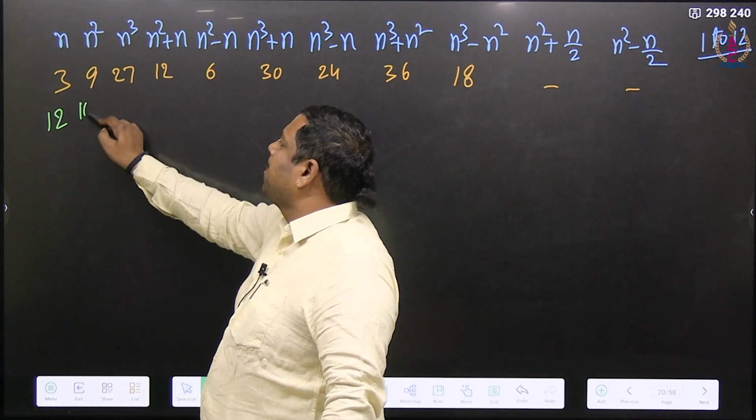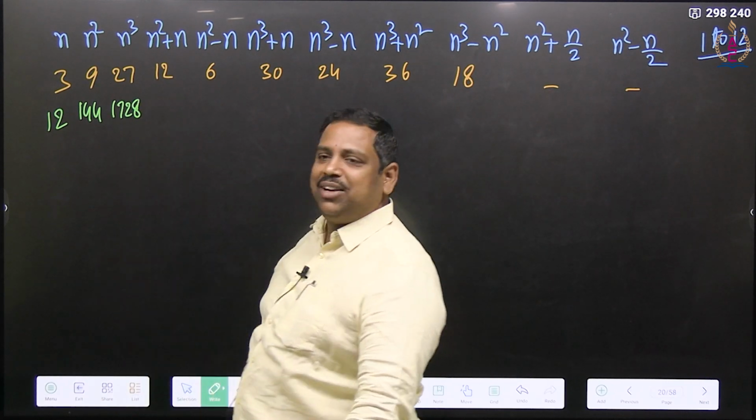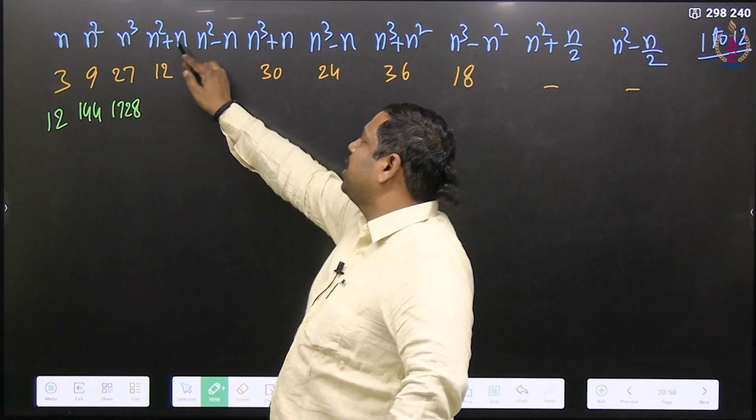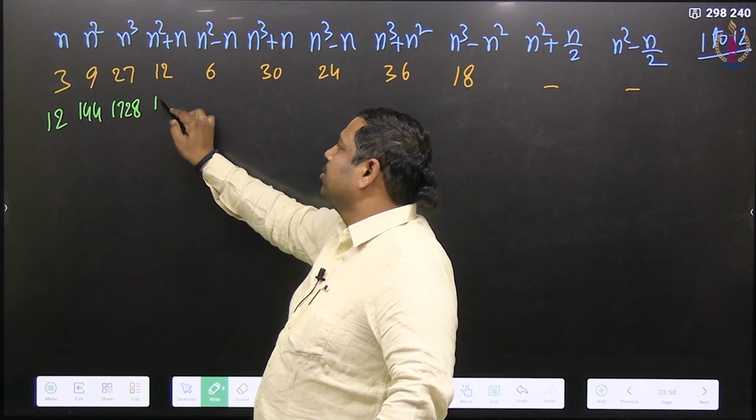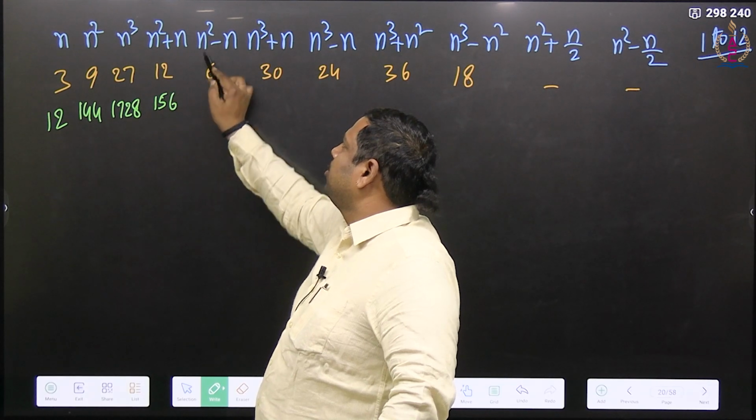12 square. 12 cube, 1728. Next one, 12 square plus 12. 12 square minus 12.